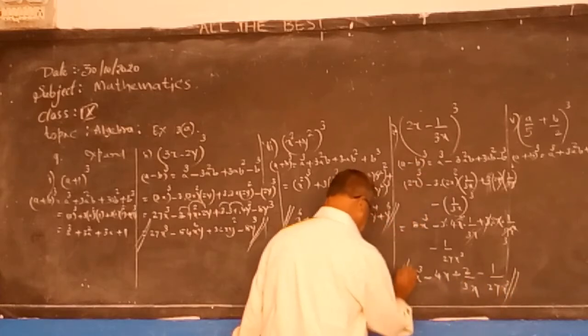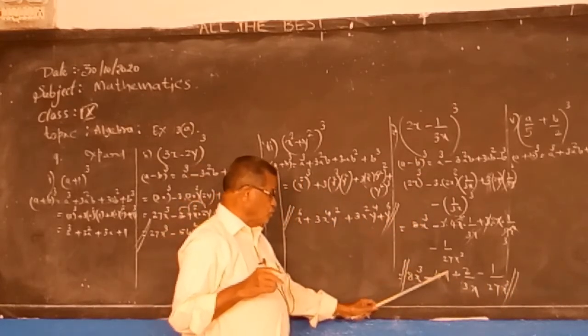This is the expansion. So 4 terms: 1, 2, 3, 4.